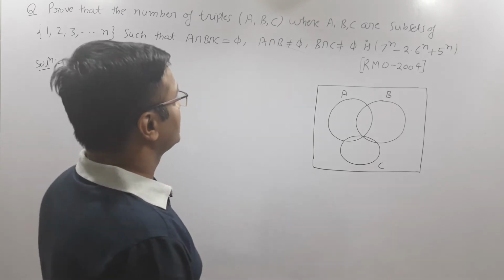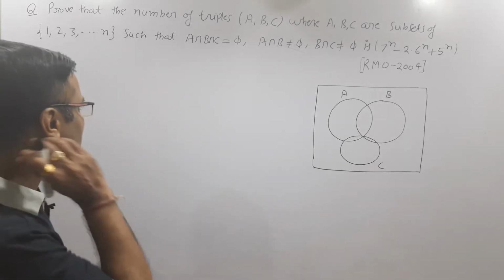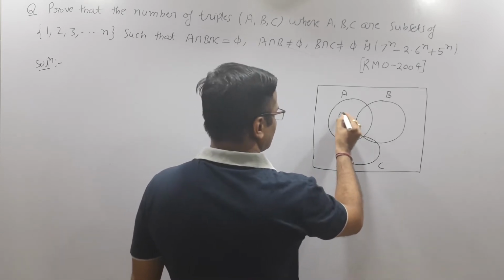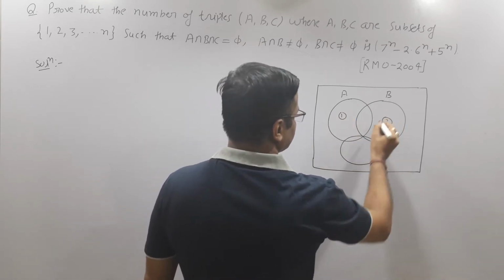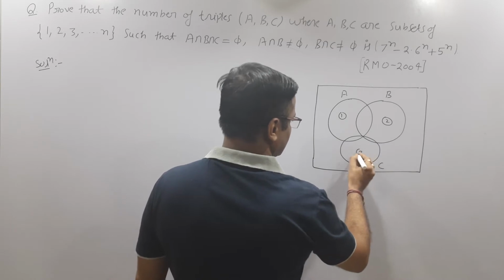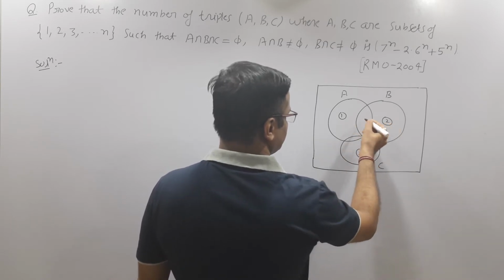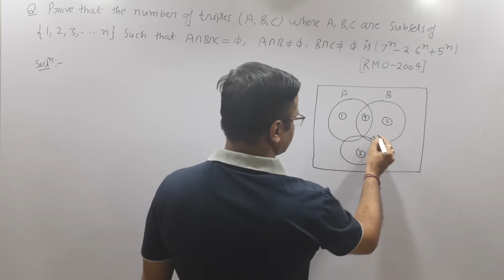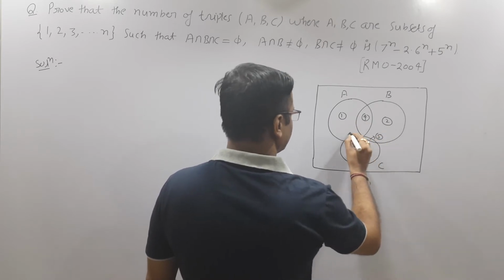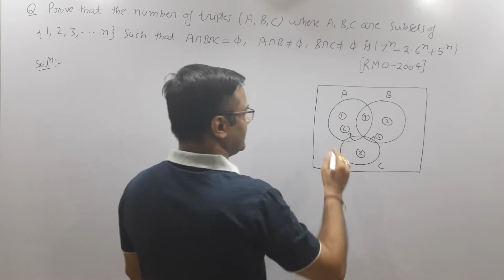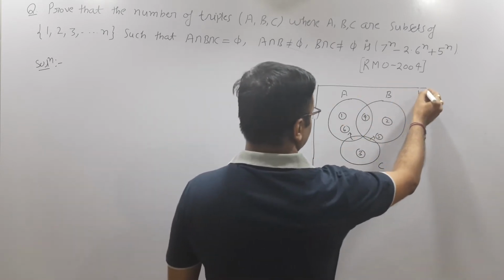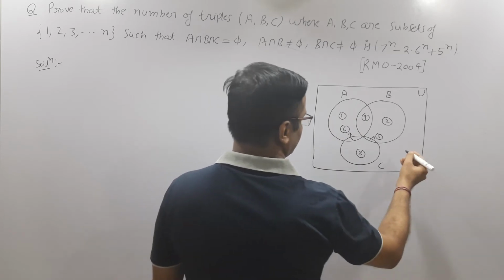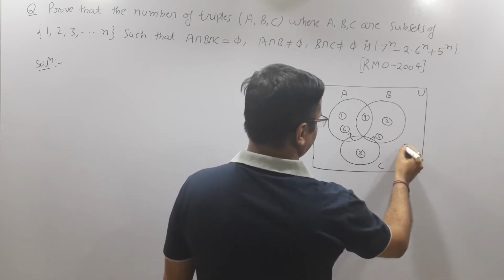Now if we define the regions, suppose this one is the first region, only A, only B is the second region, only C is the third region, and A intersection B is the fourth region, B intersection C, this one is the fifth region, and this one is the sixth region, and the element which lies outside the circular region is the seventh one.